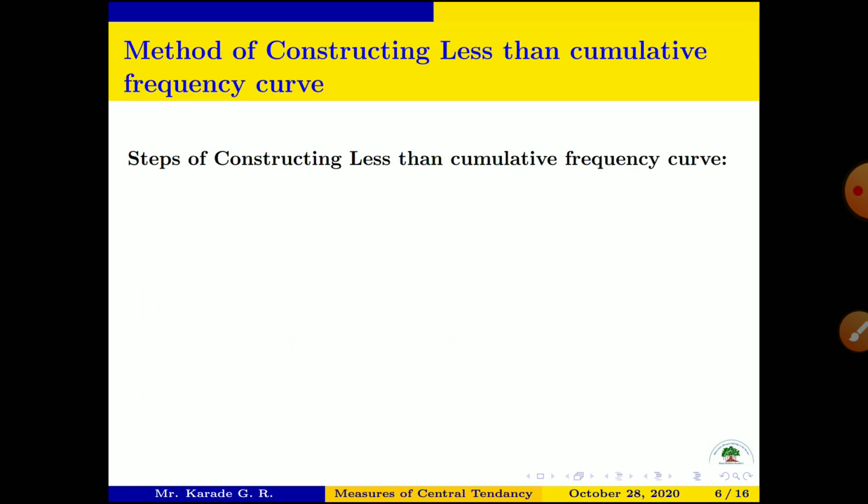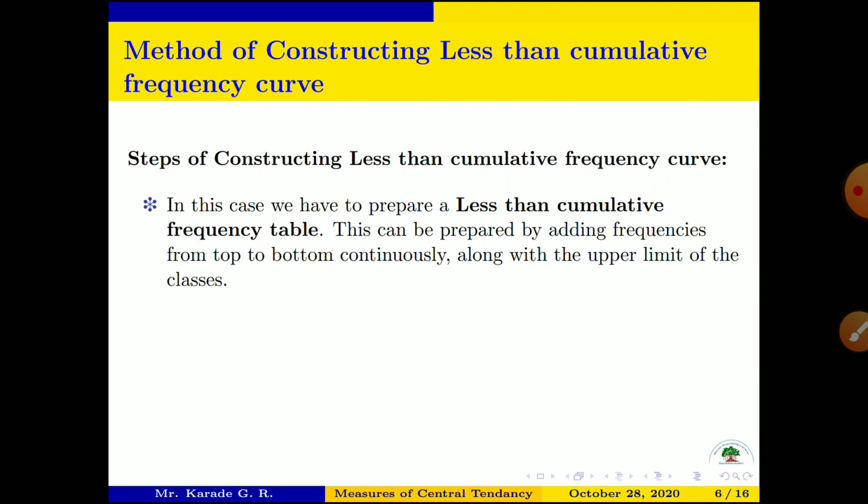So, the method of constructing the less than cumulative frequency curve. Steps of constructing the less than cumulative frequency curve. In the first step, in this case, we have to prepare a less than cumulative frequency table.